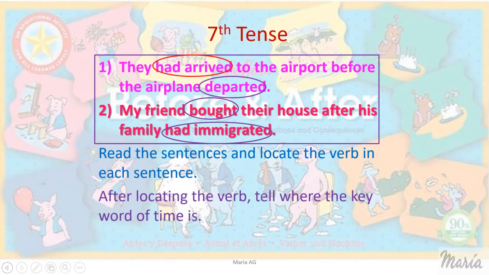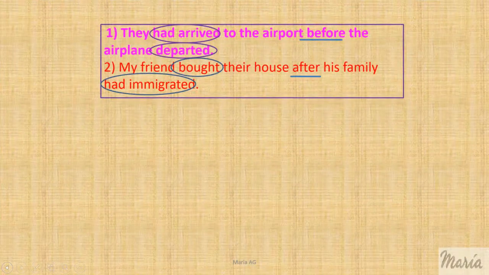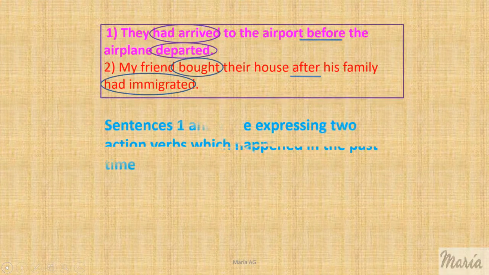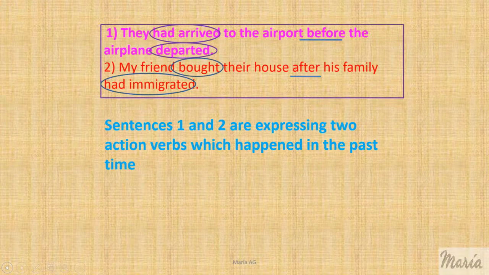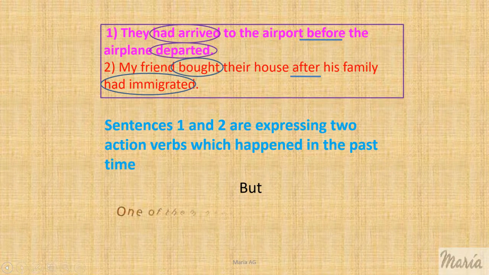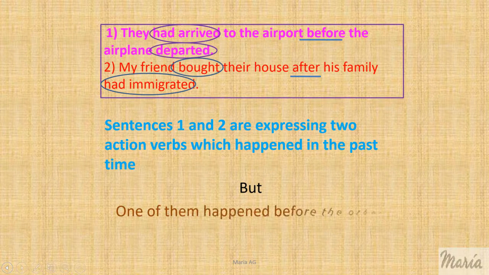After locating the verb, tell where the key word of time is. Sentences 1 and 2 are expressing two action verbs which happened in the past time. But one of them happened before the other.